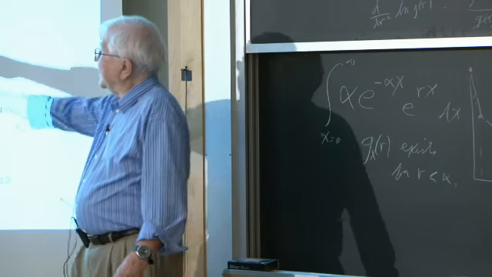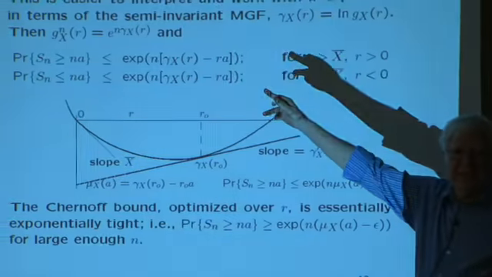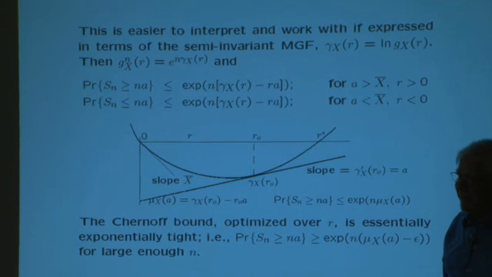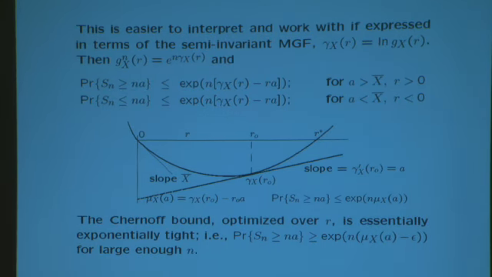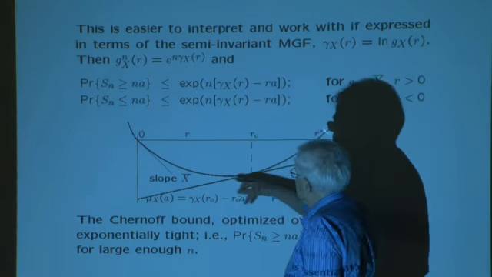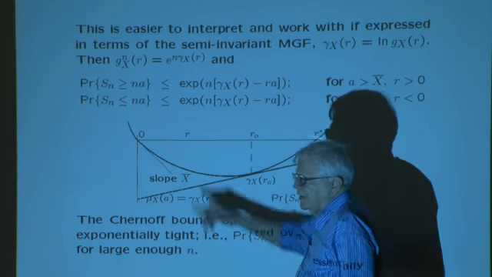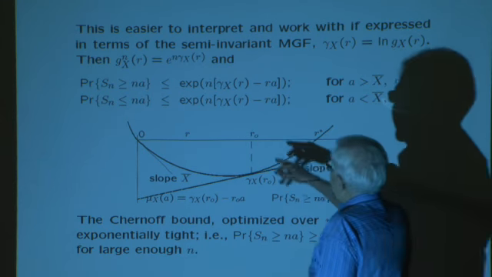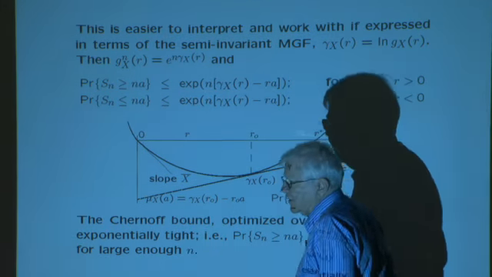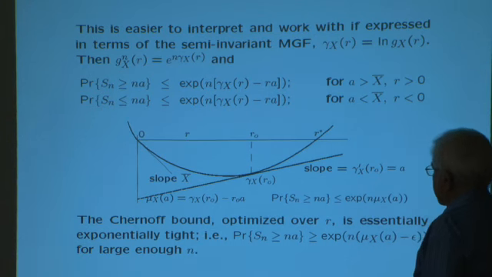You can't show a result like this, which says something is going to 0 faster than it can possibly be going to 0. So we have to have that kind of result. But anyway, we draw this curve. This is mu sub x of r. And then we say, how do we graphically minimize gamma of r minus r times a?